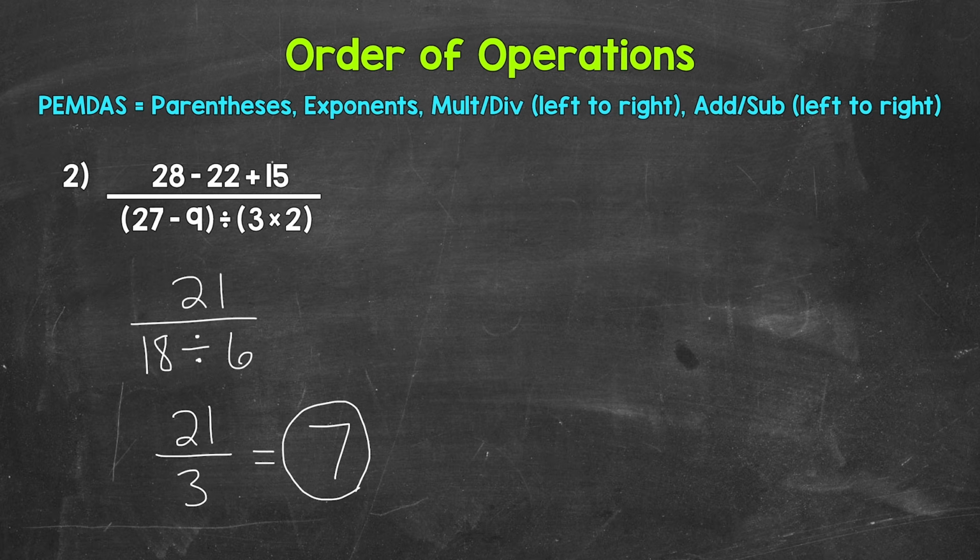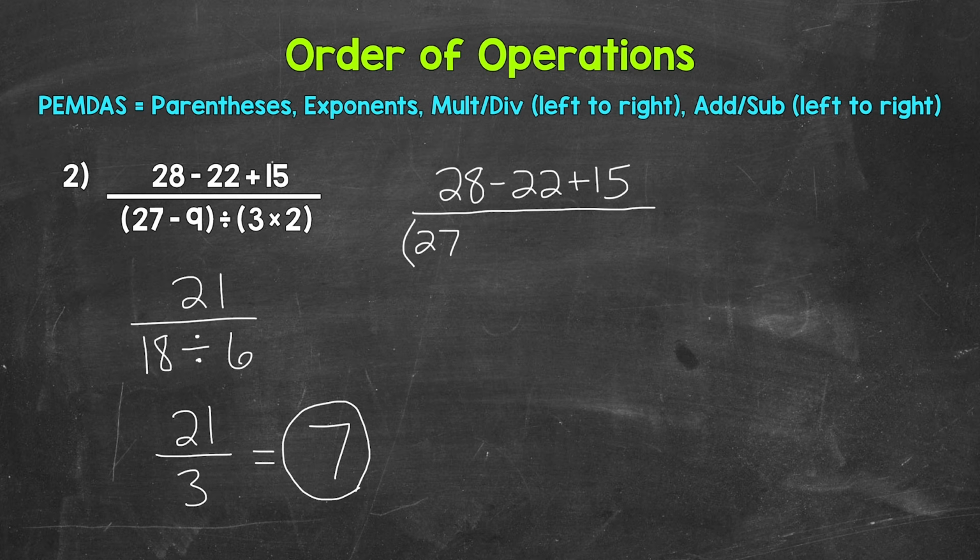Let's work through this problem to the side as well to show what that will look like. So we have 28 minus 22 plus 15. Then we have the fraction bar, 27 minus 9 in parentheses, divided by 3 times 2 in parentheses. Let's start with the top. So we have 28 minus 22. That gives us 6. Plus 15 gives us 21.